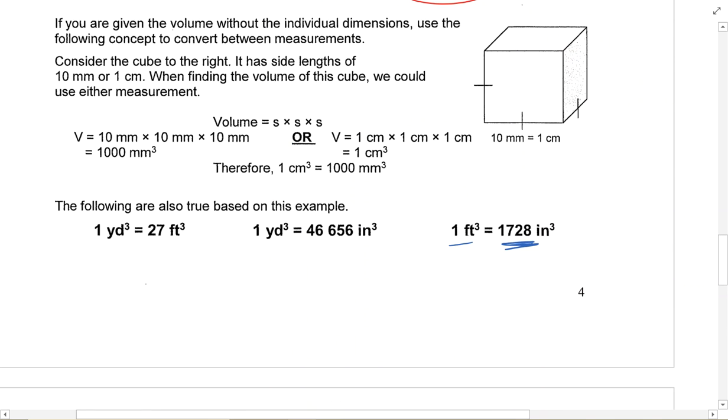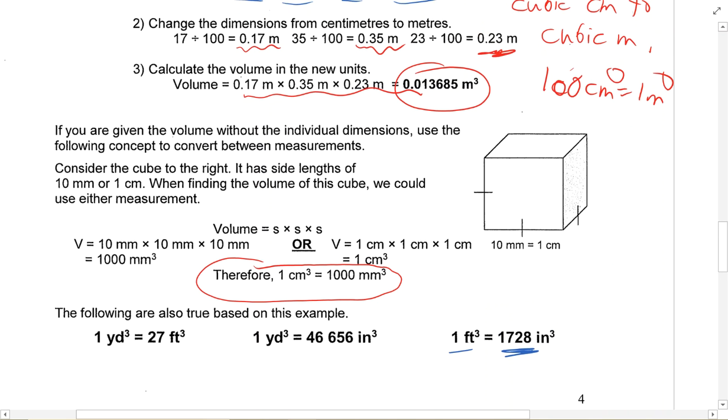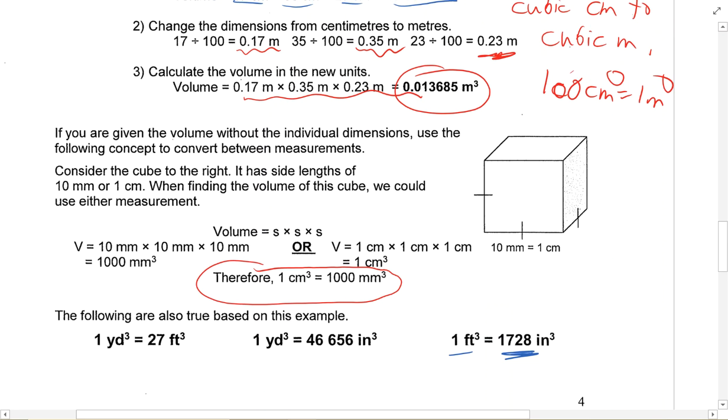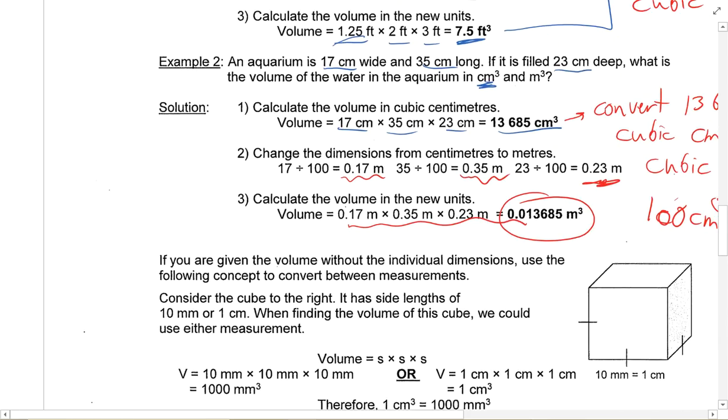In fact, what it actually is, it's not here. It's right here. 1 centimeter cubed. Oops, nope, it's not there either. It's much different. So they don't even have it here. Okay, it is.